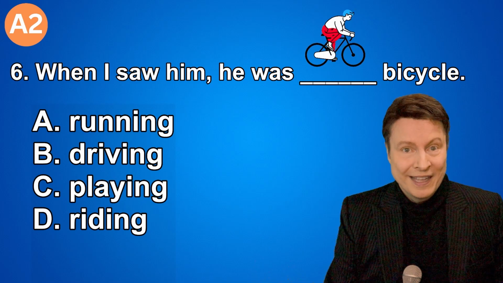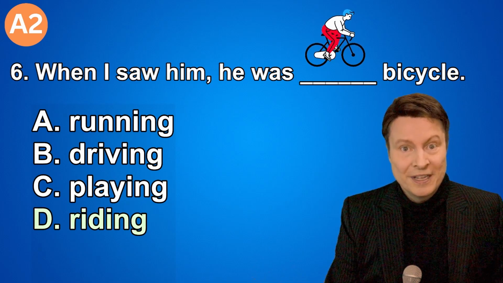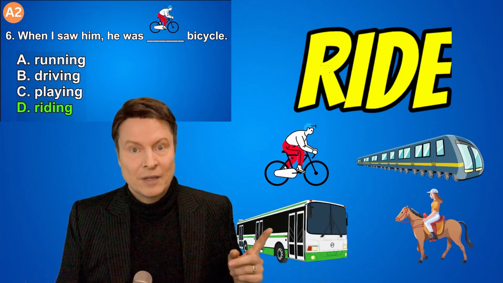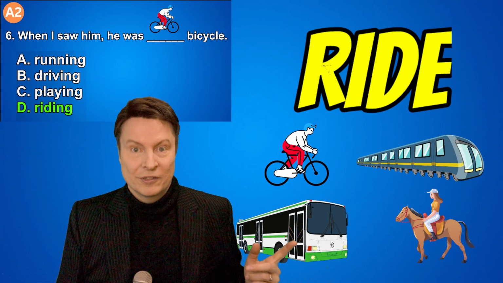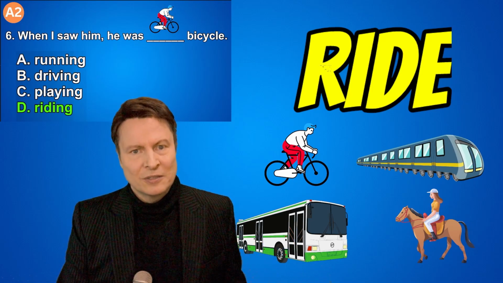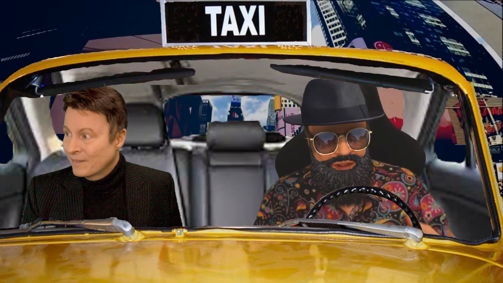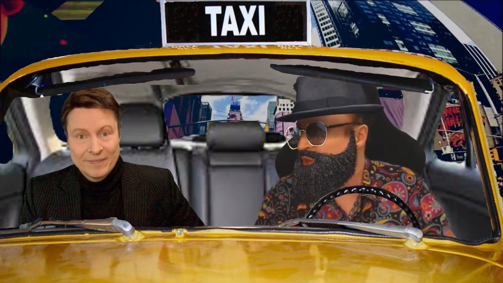If you thought that the answer was letter D, that is correct, riding. So we can ride many things. You can ride a bike, you can ride a train, you can ride a bus, you can ride a horse. But driving's a little different. For example, I'm riding in a taxi. Yeah, and I'm driving. Where to?